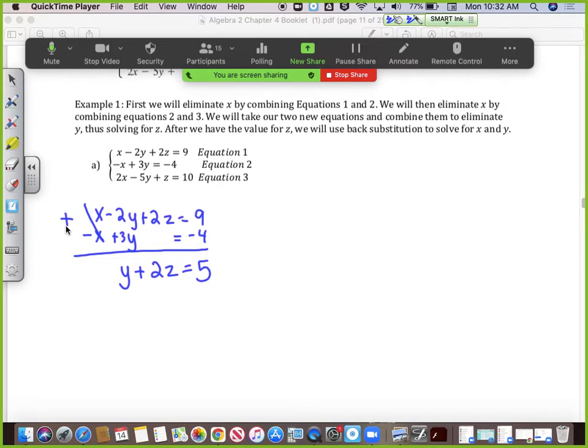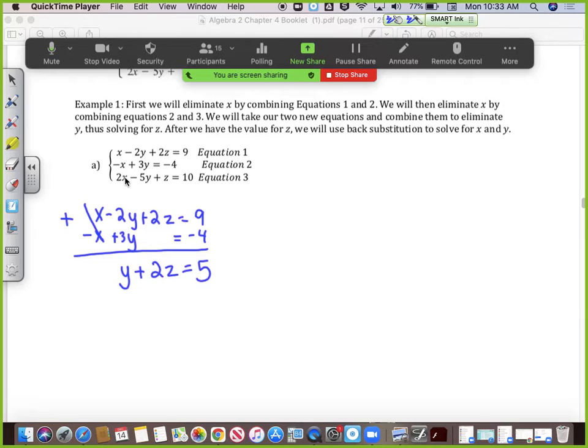Now, that didn't really do much to help us so far because I don't have an equation like y equals this or x equals that. So what we need to do is continue to problem solve. What we did was we eliminated x in the first 2 equations. And what we're going to do now is eliminate x again by taking equation 2 and equation 3 and doing some stuff to it so that x eliminates here as well.